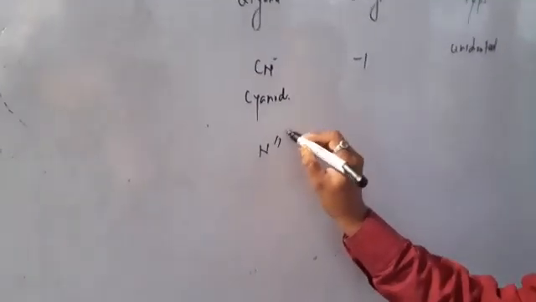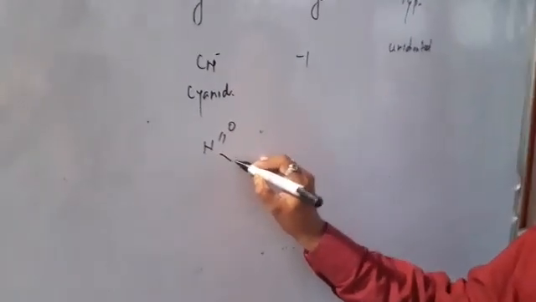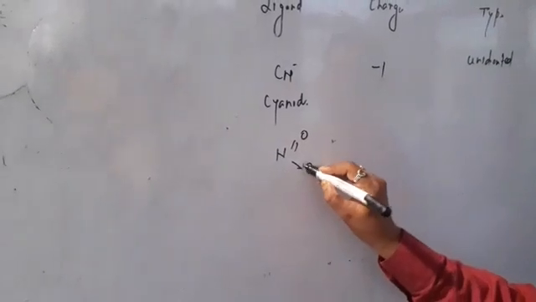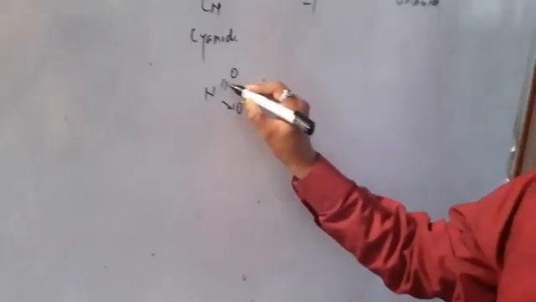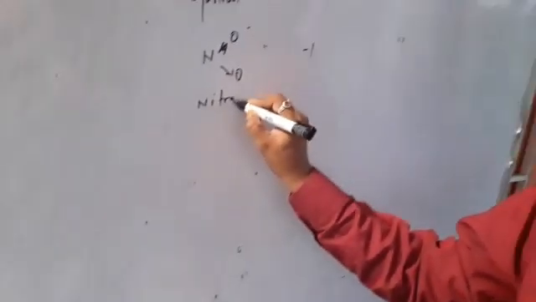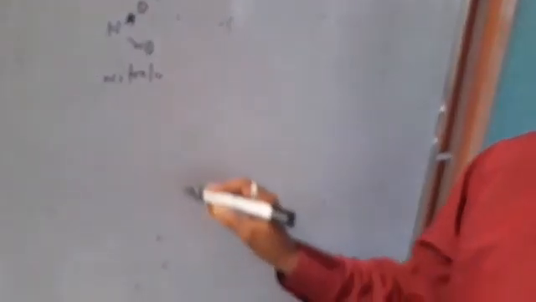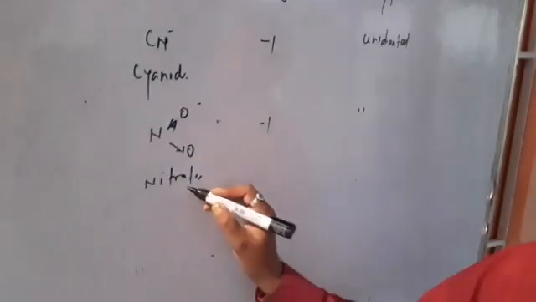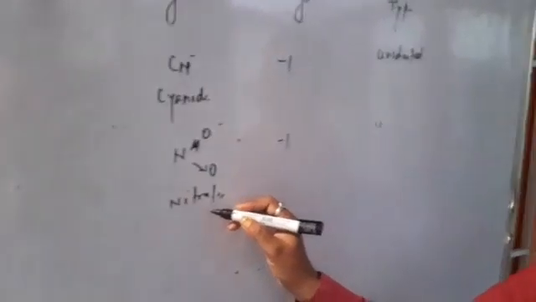NO2-, this is -1 charge. This is also unidentate. If oxygen is donated, then it is known as nitrite. When nitrogen is donated, then it is known as nitro.